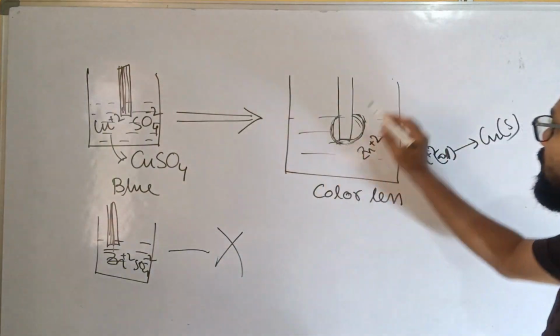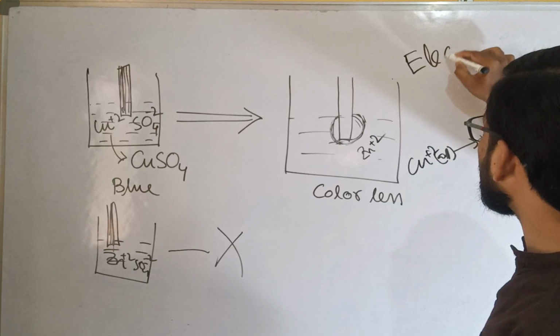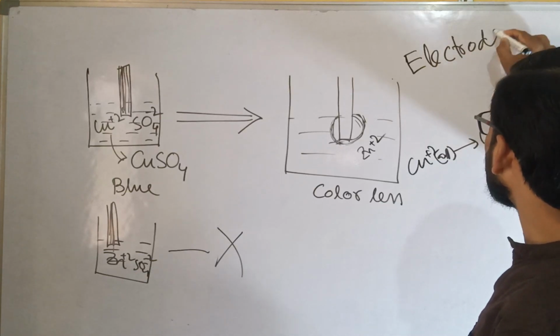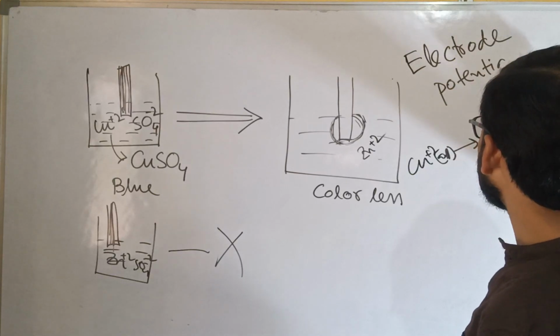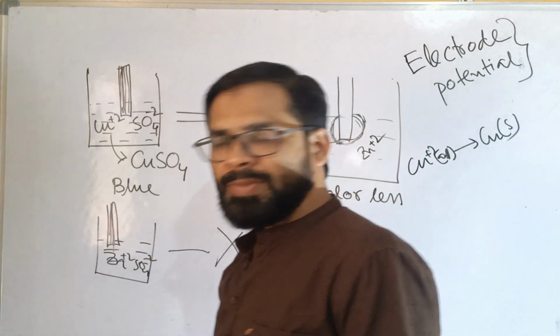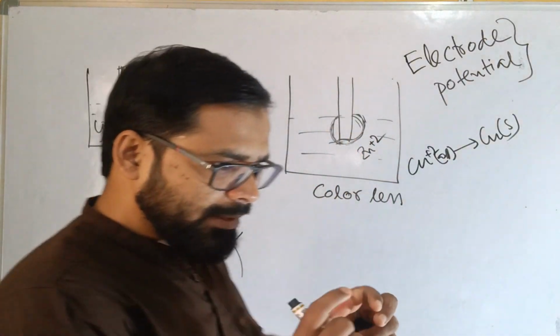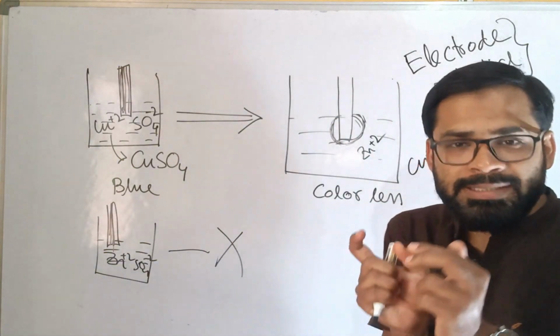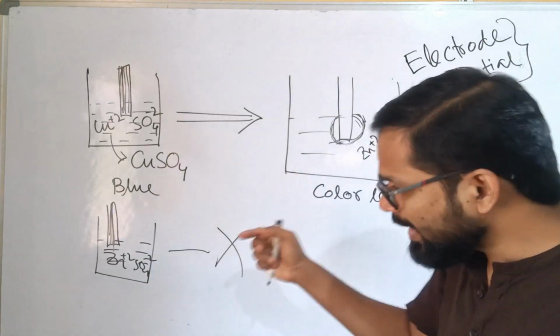Because of electrode potential. So what is electrode potential? Electrode potential is basically the potential difference developed during the chemical reaction.